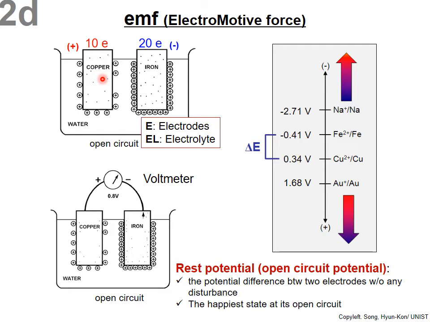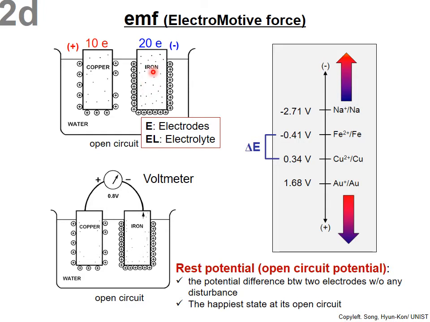The same thing here for the iron bar. 20 surface atoms or species are ionized, so you could easily find 20 extra electrons in the body of the iron bar. So you would feel some electron pressure exerted by 20 electrons.